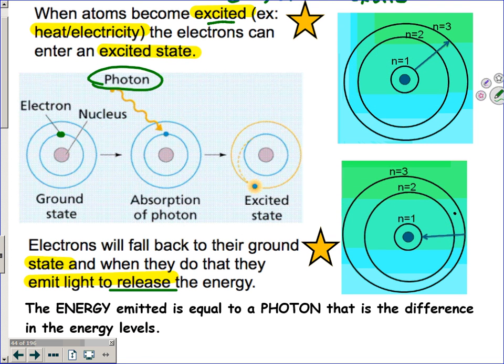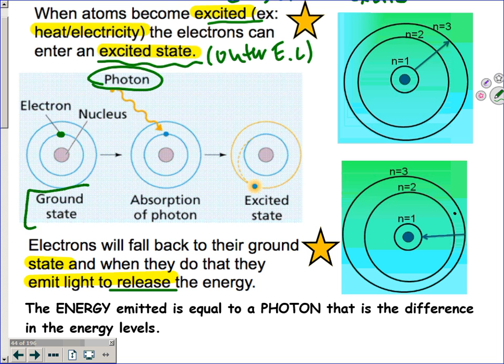As the atoms become excited, they go to the excited state. That is the terminology for when they go to an outer energy level. Just like a caffeine high or sugar high, you can't stay at that excited state for very long. You eventually have to crash and fall back down to what we call ground state.